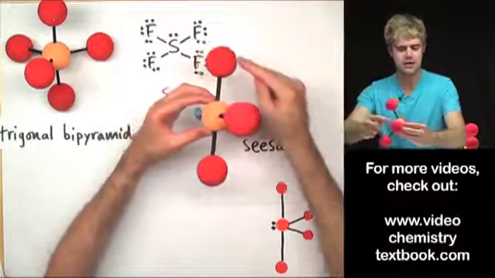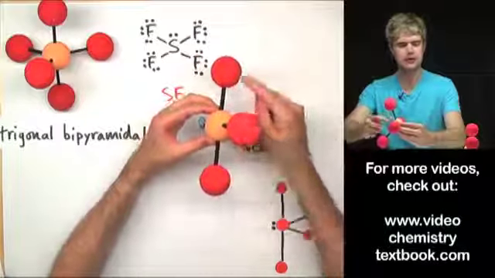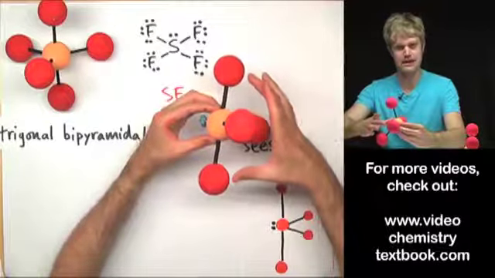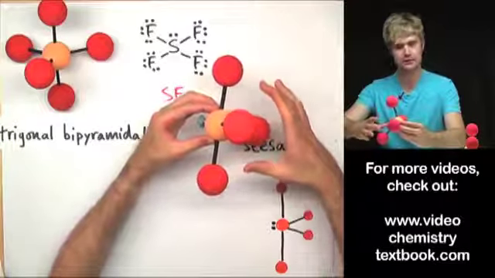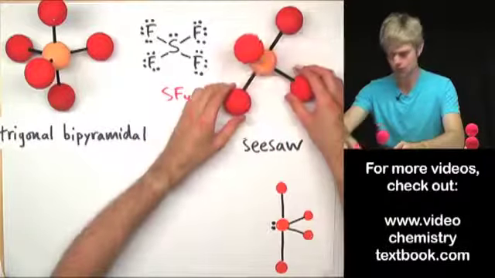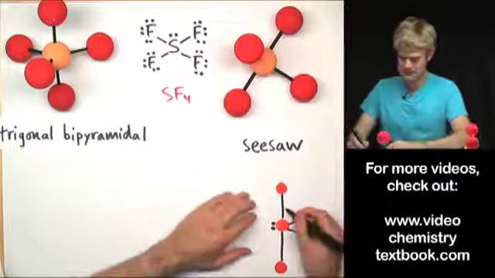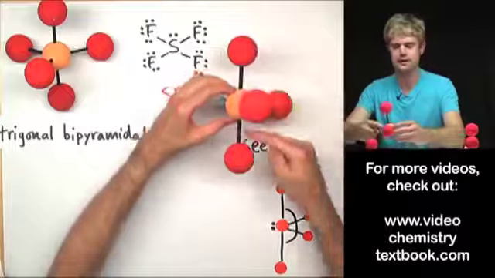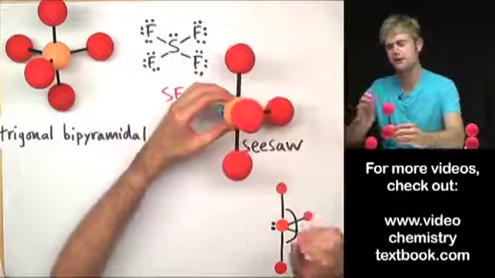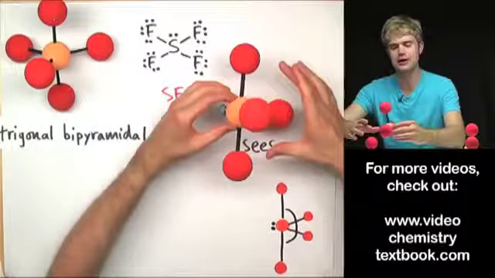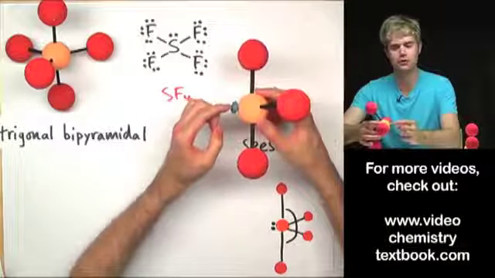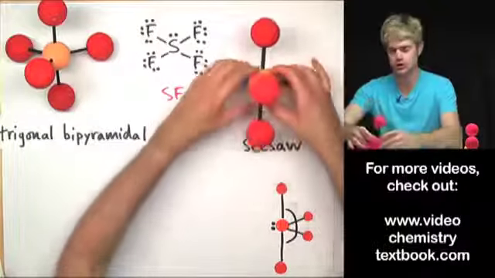And that means that instead of forming an exactly straight line, these 2 atoms are going to be bent in just a little bit. So the angle between these axial atoms is going to be a little less than 180 degrees because they're getting bent in because of the repulsion from this unshared electron pair.